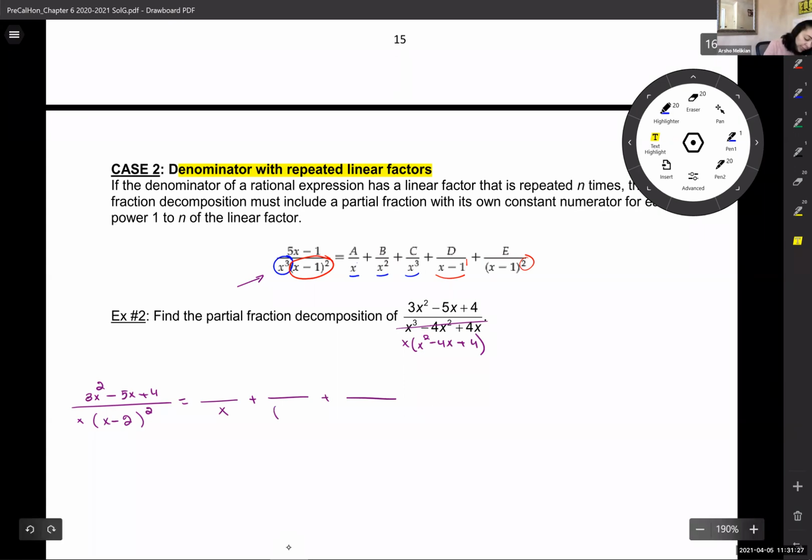And what I do is I start with the base with an exponent of 1, and I build up to the higher exponent of 2. Okay. Another way of taking a look at this is this. I have x to the 1 and then x minus 2 squared. If you add up all the exponents, it's 3. That's how many terms you need, 3 fractions. Okay? That's another way to check.